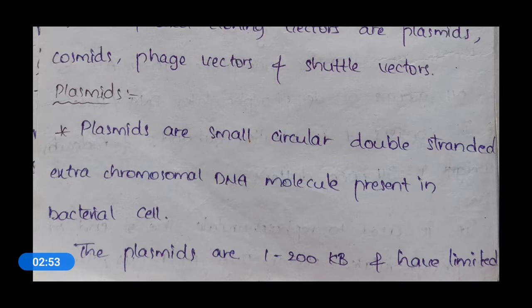This small size helps with these two factors. Copy number is also a characteristic of a plasmid vector. Copy number represents the number of copies of a plasmid present in a cell. In a single cell, how many copies of the plasmid are present is represented by the copy number.